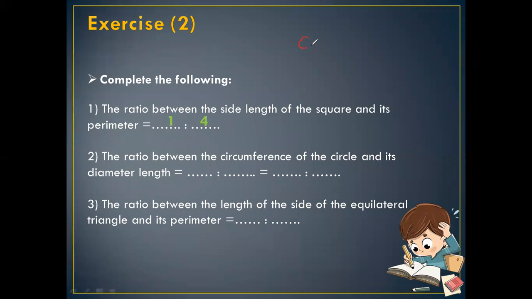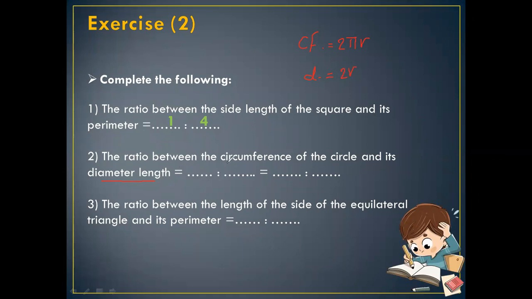The circumference of the circle is 2 pi r, and the diameter of the circle is 2r. Now I will write it as a ratio.